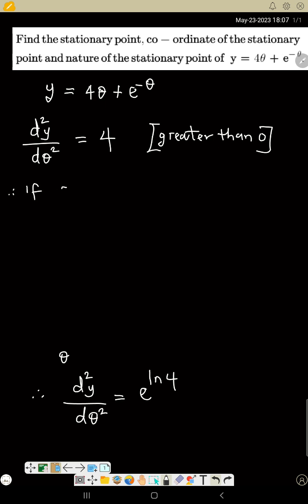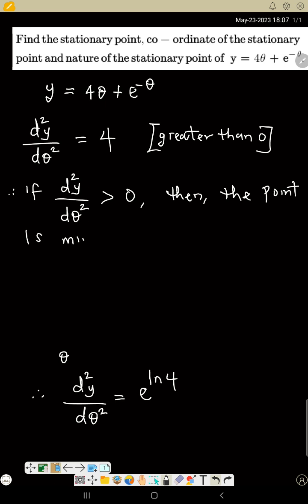So note that if d squared y over d theta squared is greater than 0, then the point is minimum.